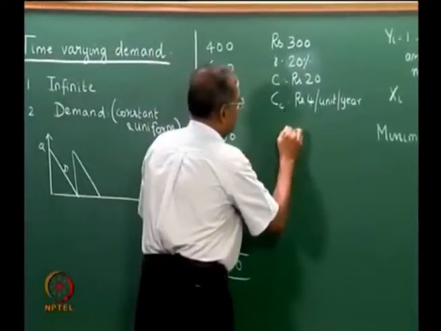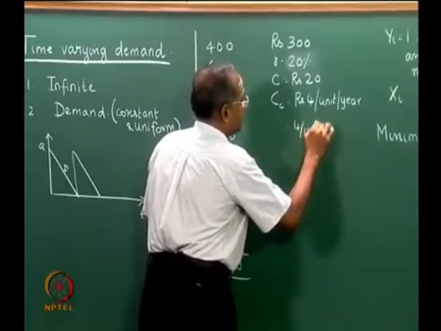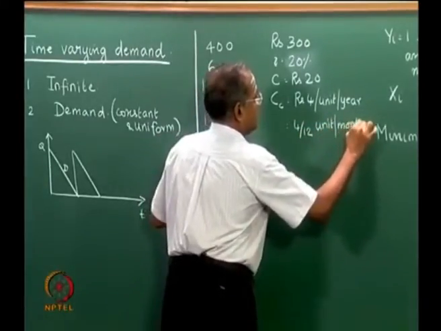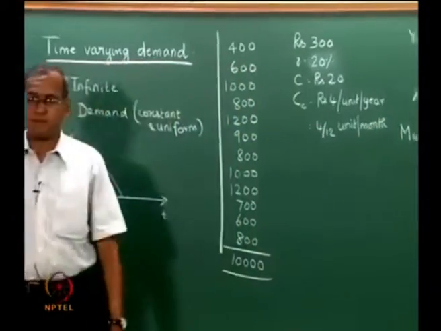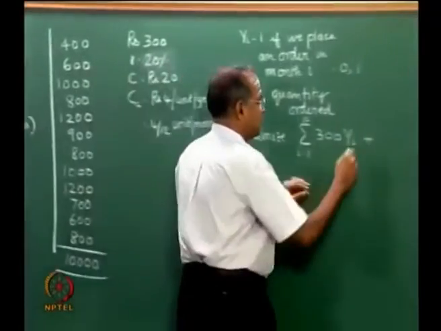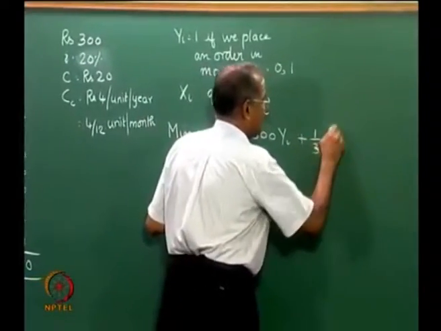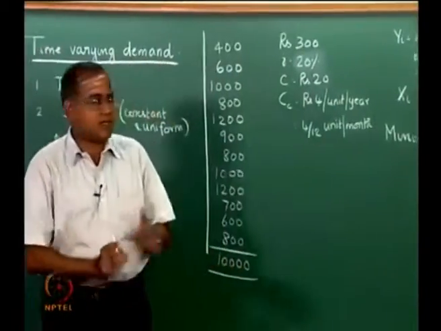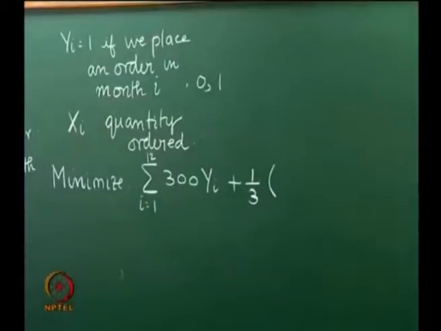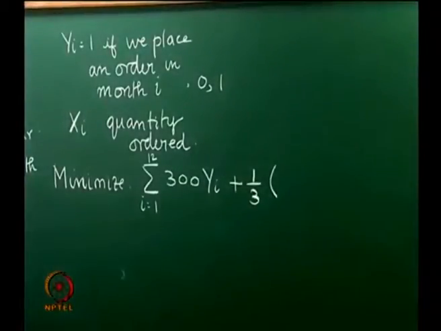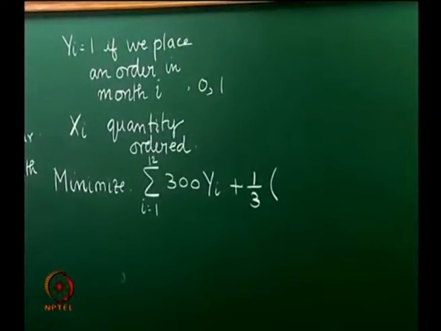So this will become 4 by 12 or 1 by 3 per unit per month. So the inventory holding cost will be plus 1 by 3 into, now we are going to charge the inventory, we are going to make another assumption that we are going to charge the inventory for the ending inventory in that period.